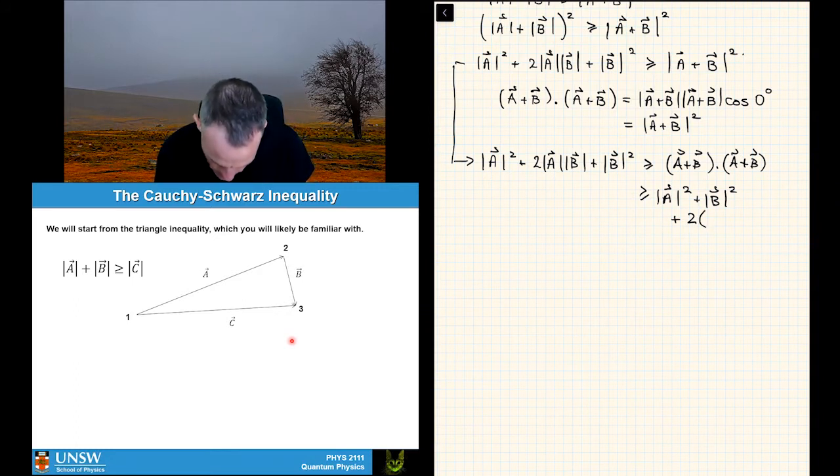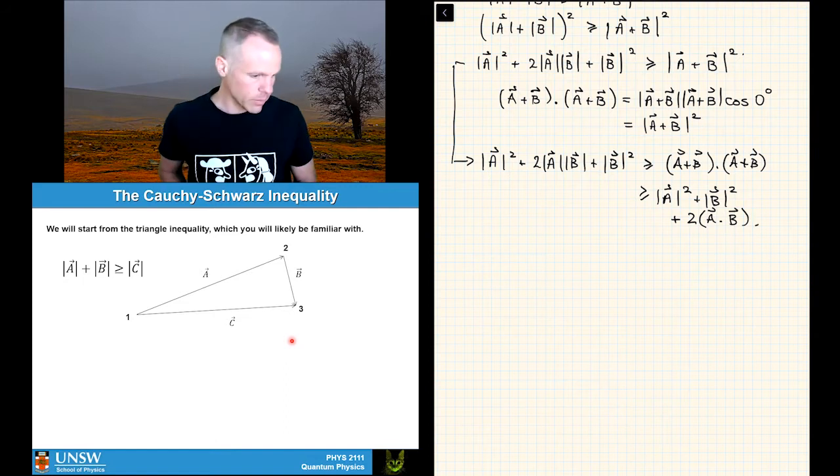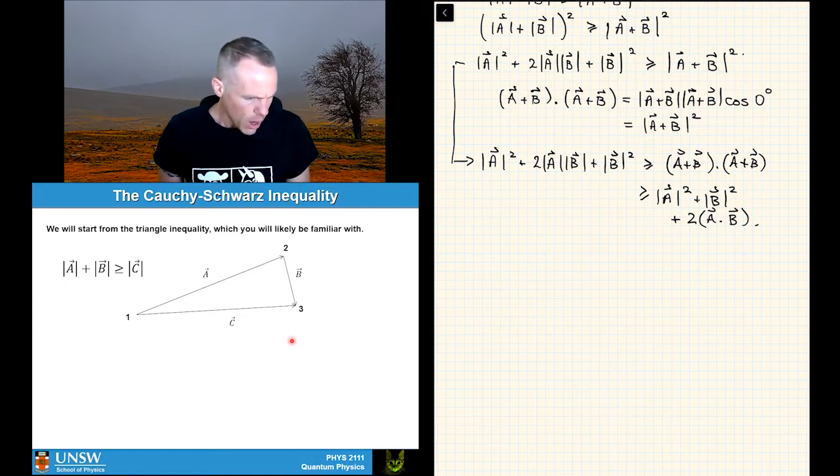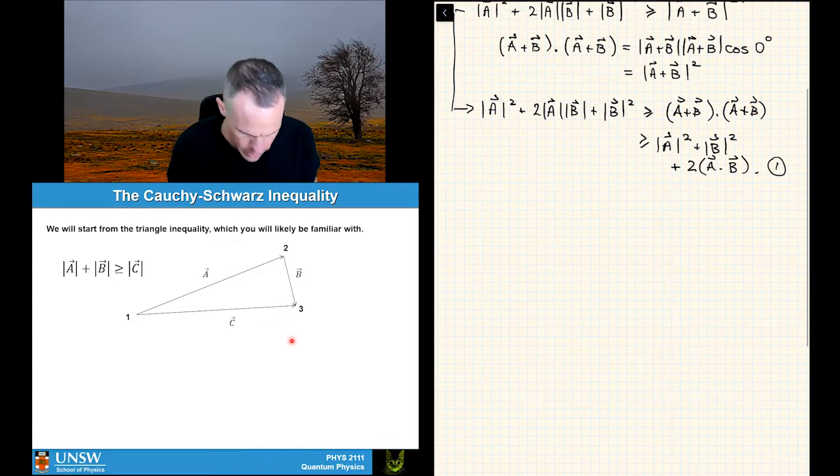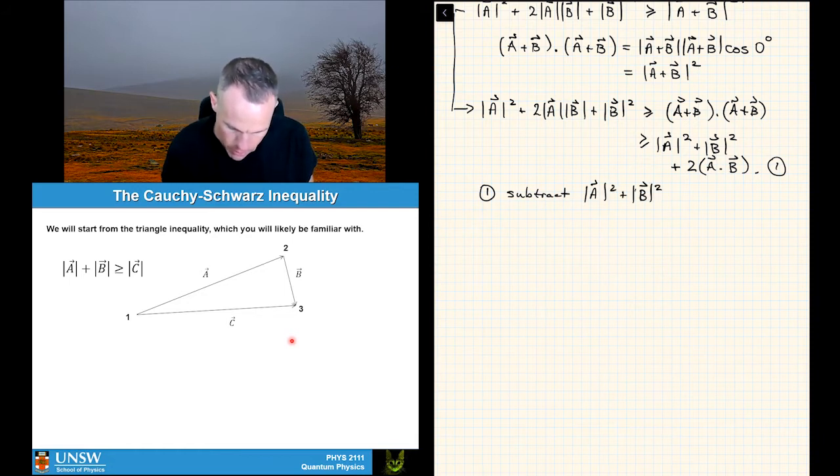Okay, so this will be 2 A dot B. Okay, so at this point, we can call this equation 1. What we can do is take equation 1 and subtract the length of A squared plus the length of B squared from each side.